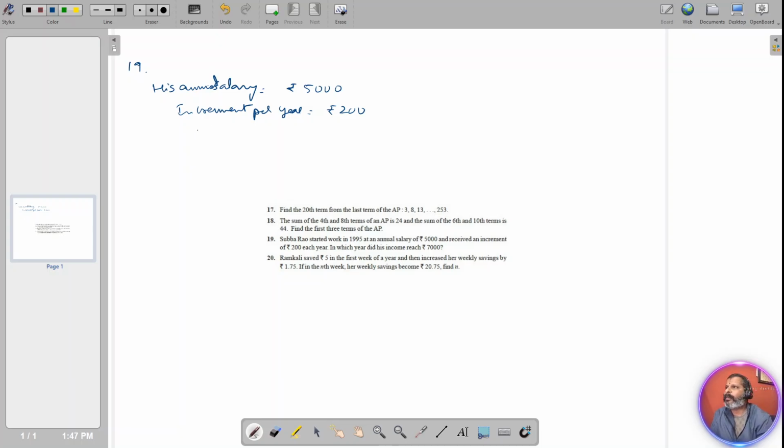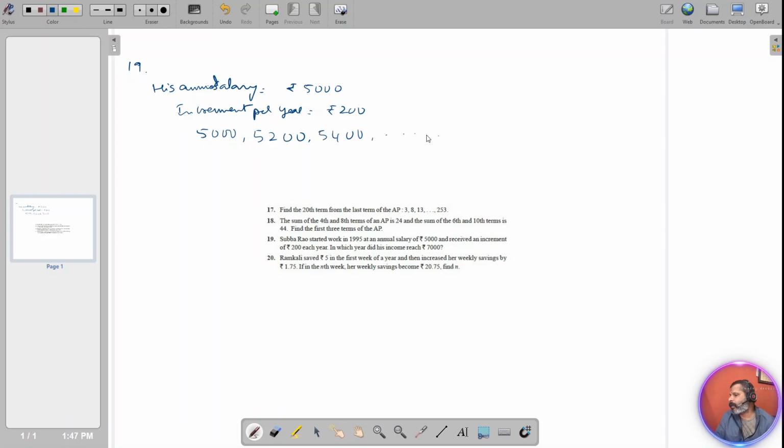Now we can construct AP with this. What is the first term? 5,000. What's the second term? First term plus D. Common difference gives you the second term, that is 5,200. Next is 5,400. Add D to every term to get the next terms. Okay. So 5,400 and so on.